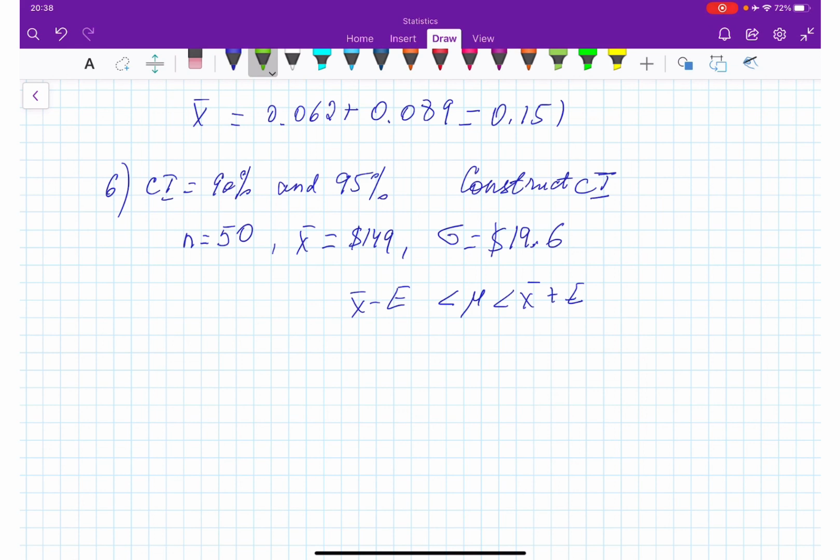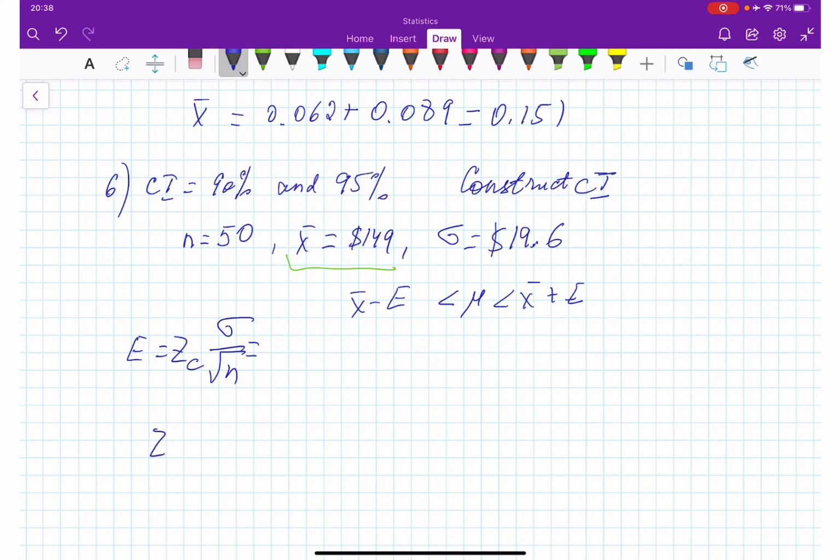Are we given x bar? Yes, x bar is here. What we need to find out? Margin of error. So margin of error is equal to z critical times sigma over square root of n. Do we have z critical? No, we don't.